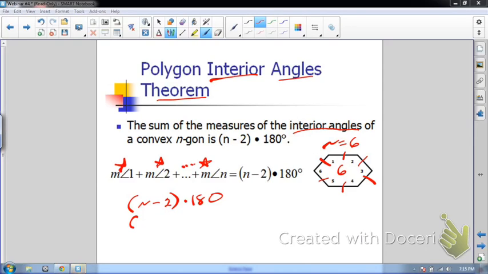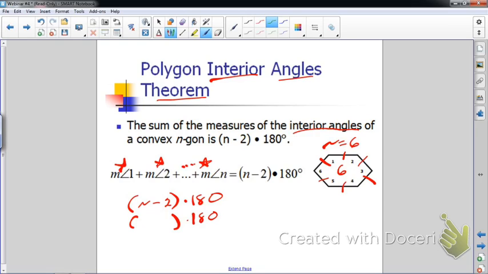And now we have the following. Let me change the color here really quick. So n minus 2, that will be 4, times 180, and that's going to turn out to be 720. And then it's degrees, so we always have to remember to put this little circle on top that indicates the degrees for us.